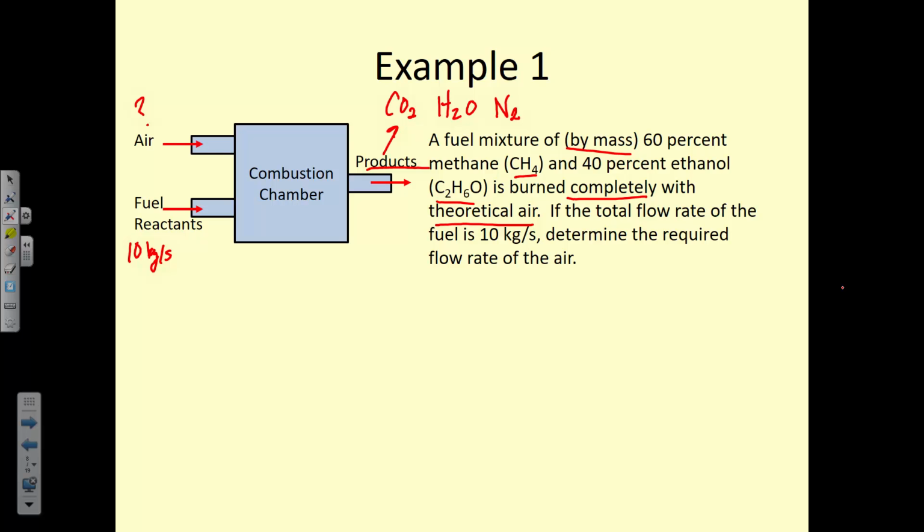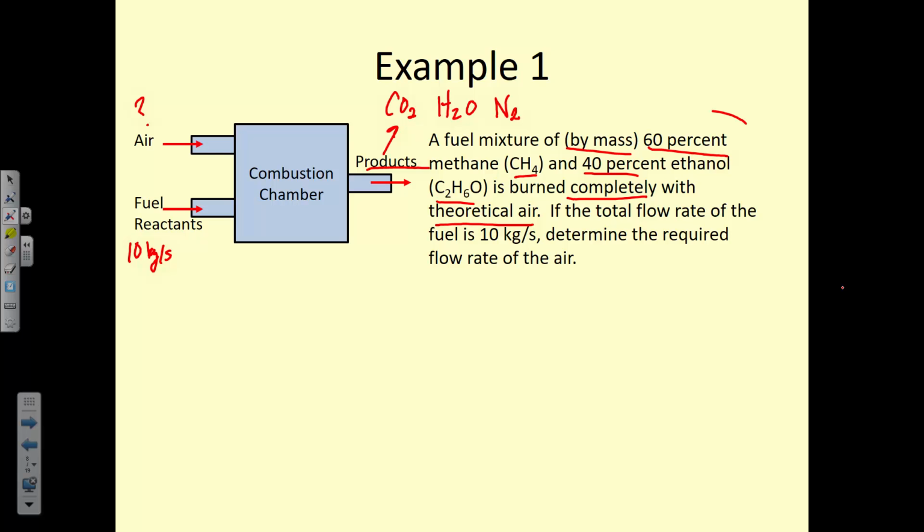Okay, but first we have to figure out, when it says it's 60% by mass, what type of analysis is that? Is it gravimetric or a molar analysis? Okay, it's gravimetric, right? So in order to perform these combustion equations, everything has to be in molar form.